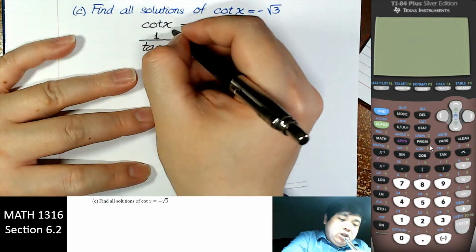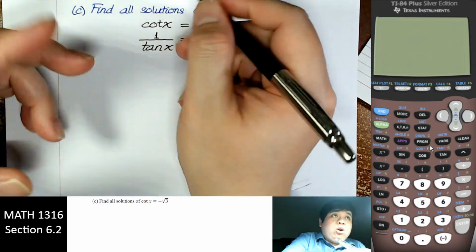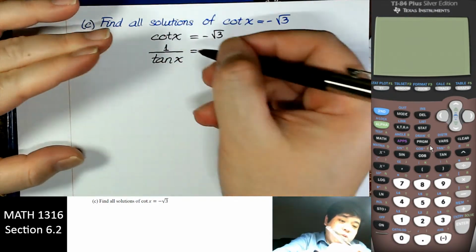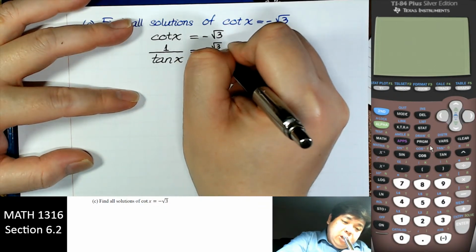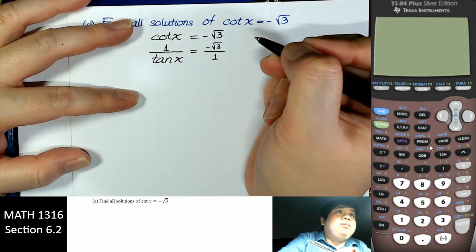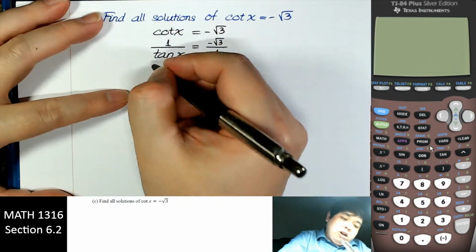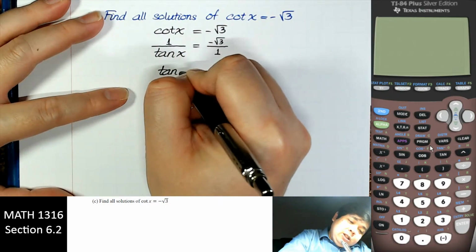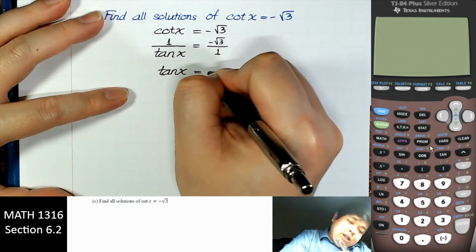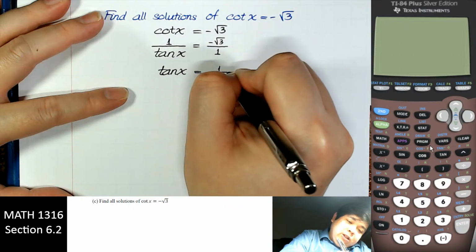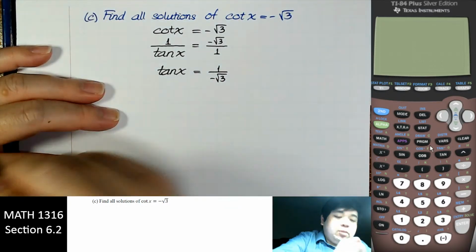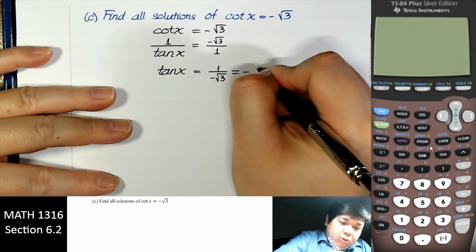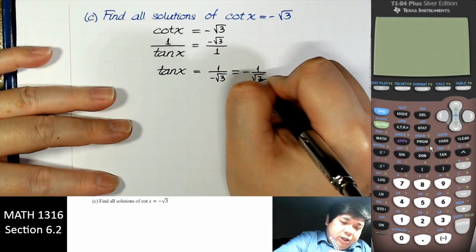Cotangent and tangent are reciprocals. Since we're going to cross multiply or flip, I will write this as negative square root of 3 over 1. And then we flip both sides. Tangent of x over 1 is 1 over negative square root of 3, or just negative 1 over square root of 3.